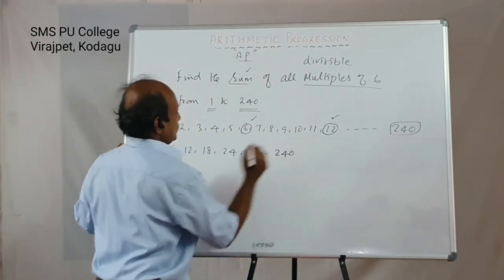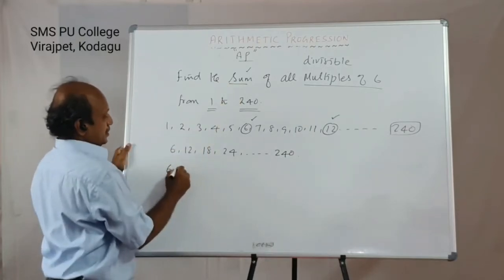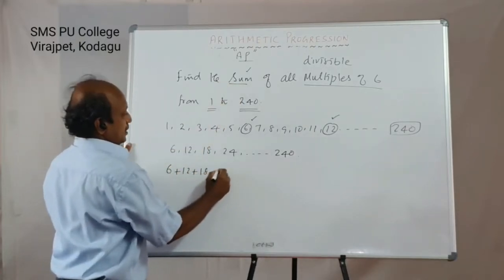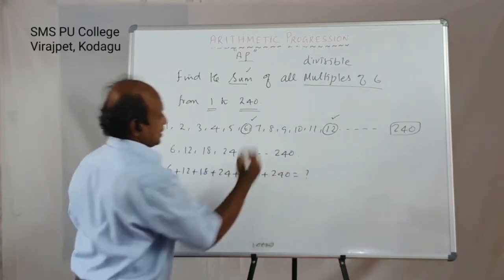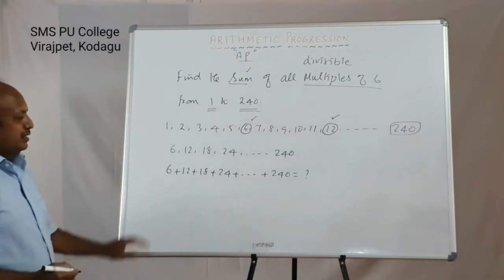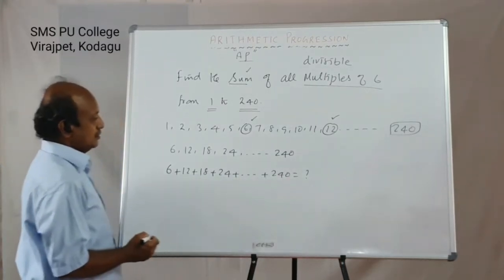You have to find the sum: 6 plus 12 plus 18 plus 24 up to 240 is question mark.